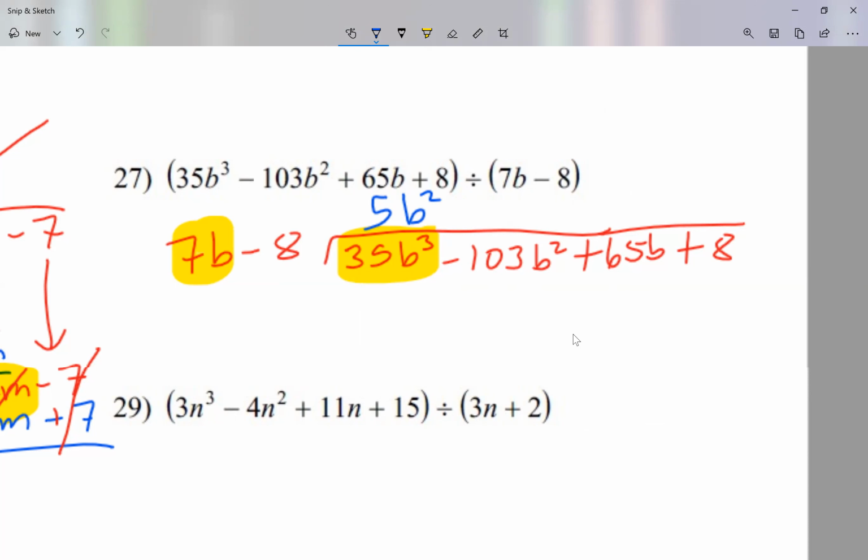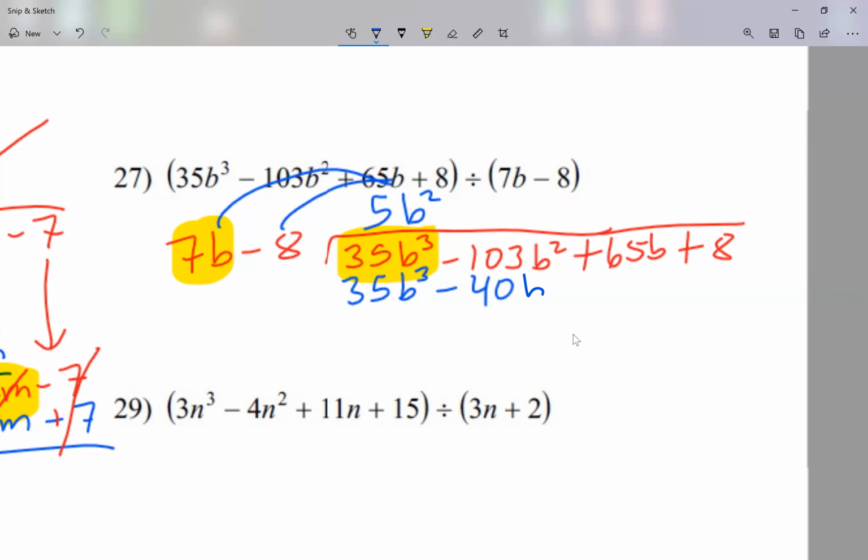Now let me multiply the 5b to the second times both of these. Right, 5b squared times 7b gives me 35b to the third. Remember, I just went 7 times 5, and then letter-wise, I add the exponents. 5b squared times minus 8 will give me negative 40b squared.